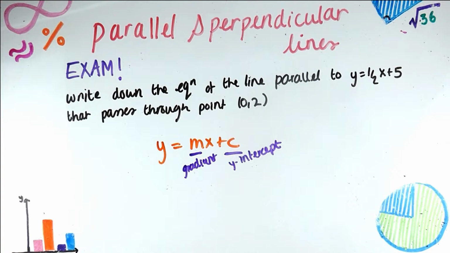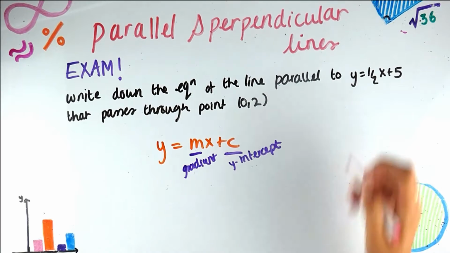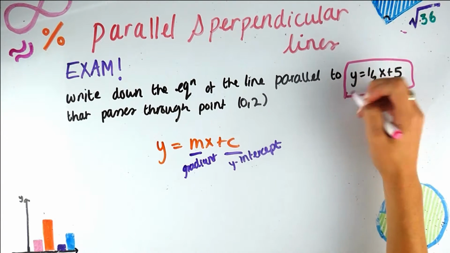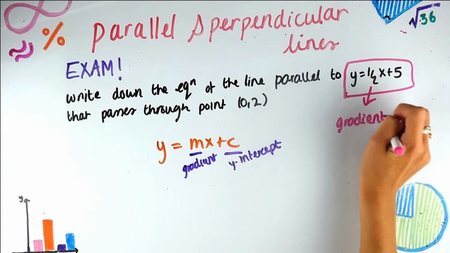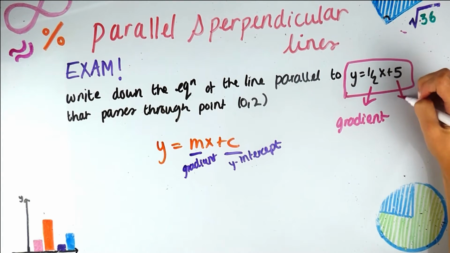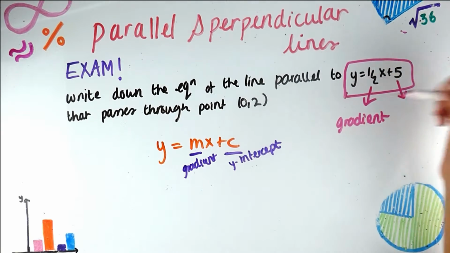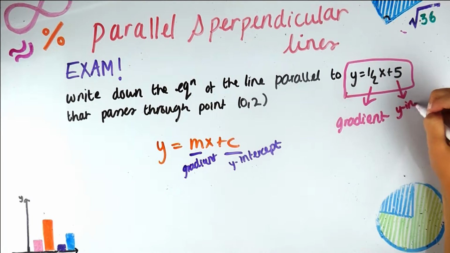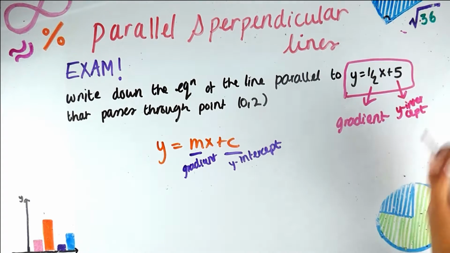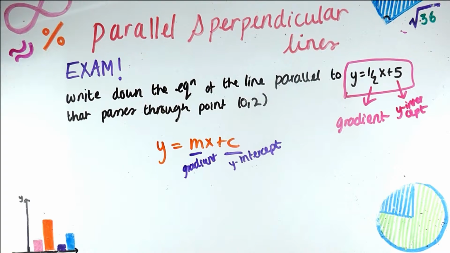Okay, so we've been given in the question that it's parallel to this line. And we can identify from this line that a half is the gradient because it's the coefficient of the x and it's in the nice form, so it's y equals. If you have 2y equals, you have to rearrange, but it's fine, so we've got y equals, and this is the y-intercept. So it's telling us that these two lines are parallel, and what do we know about parallel?